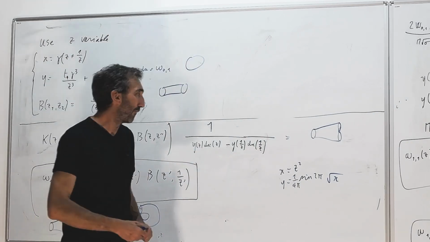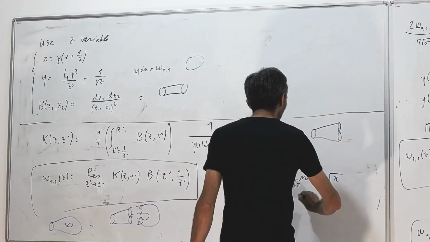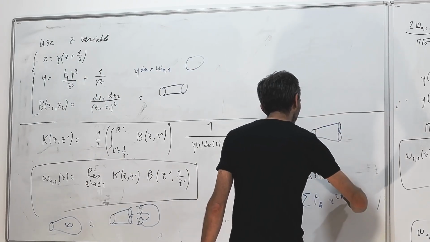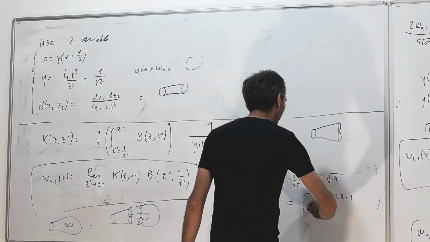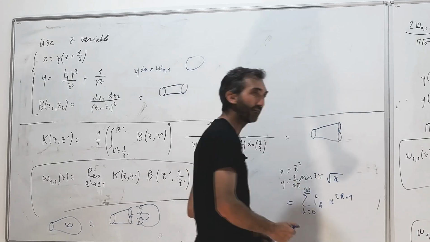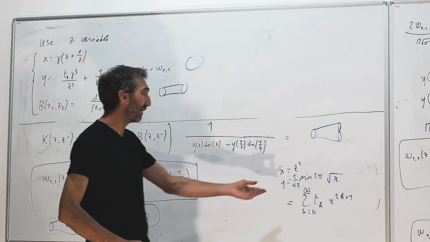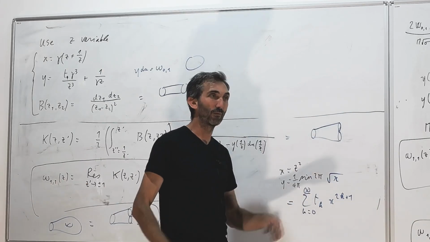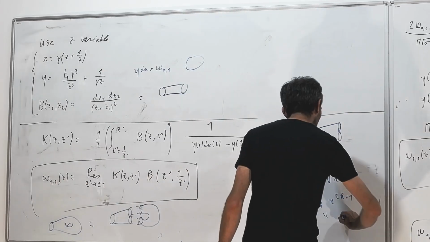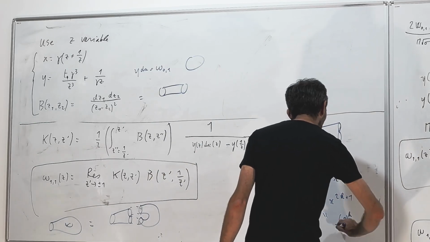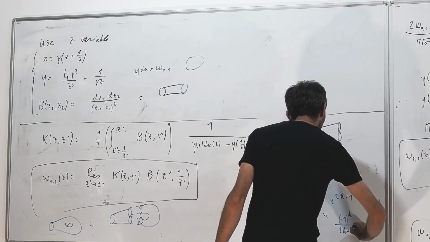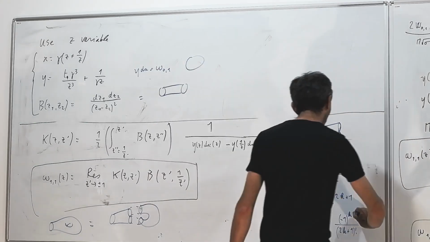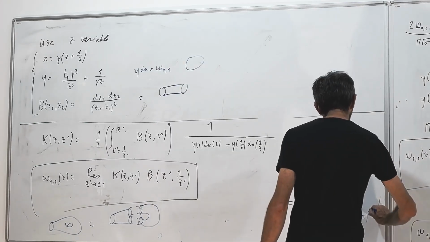Well, one thing you can say is that you can write the sum of t_k x^(2k+1), and you see that there are coefficients going from 0 to infinity. Basically, it's something like (-1)^k over (2k+1)! times an appropriate power of 2π, 2π to the power of 2k or something like that.